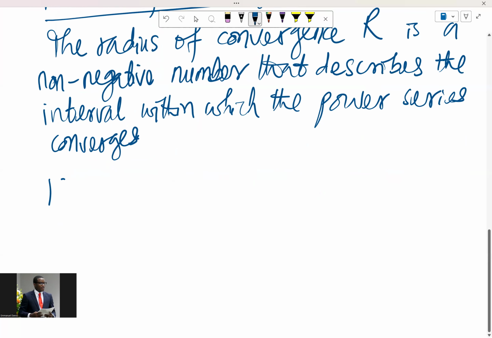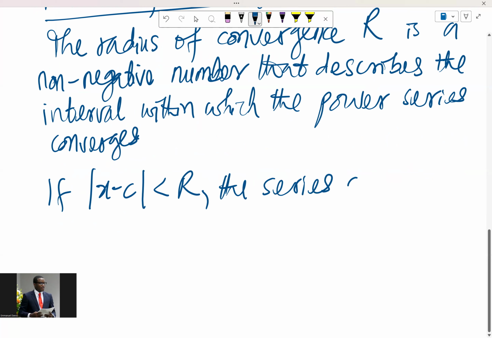If the absolute value of x minus c, that's like the variable minus the center, is less than R, which is the radius of convergence, then you can say that the series converges.